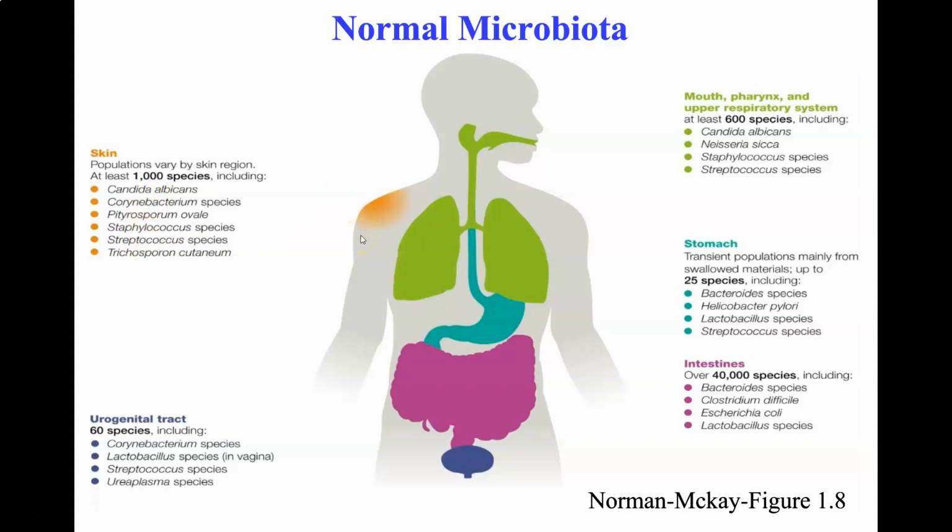When we look in our intestines, look at this, about 40,000 species, including Clostridium, E. coli. So whatever we eat, they will also metabolize that. So our body is like an ecosystem of a variety of different types of microbes.